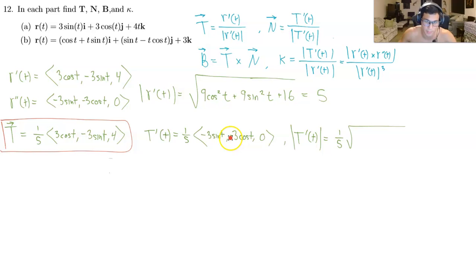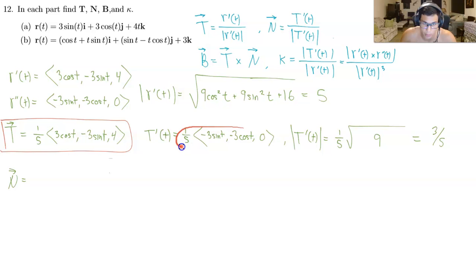As you can see, we're going to have 9 sine squared t and then 9 cosine squared t when we square everything, right? And then 9 cosine squared plus 9 sine squared is just 9, because of the property, so then we just get 3/5. So now when we write out what N is, which is what we wanted all along, there's this guy divided by this guy.